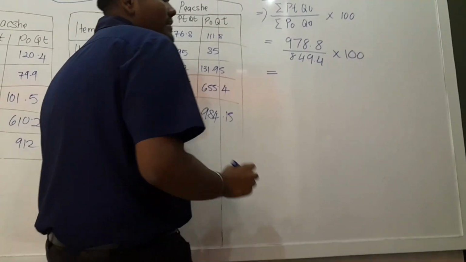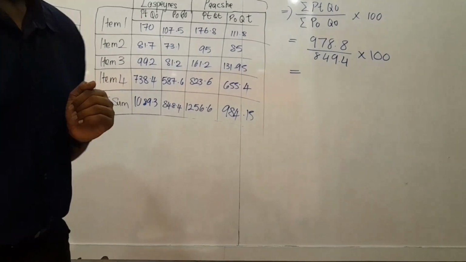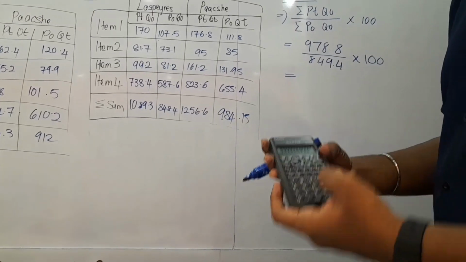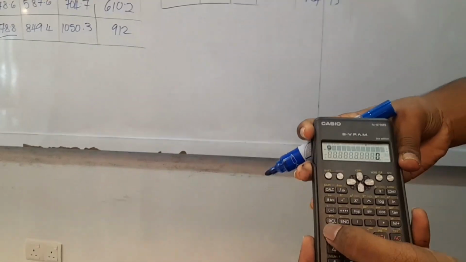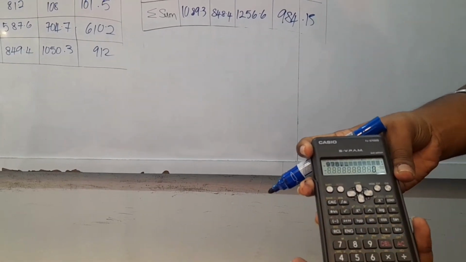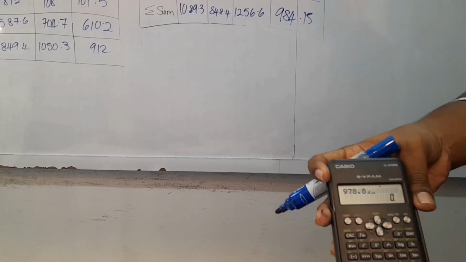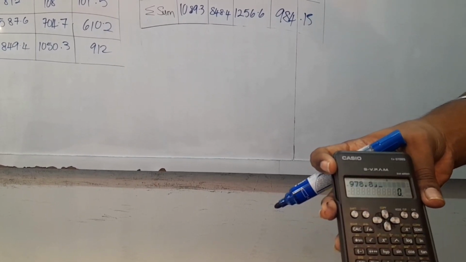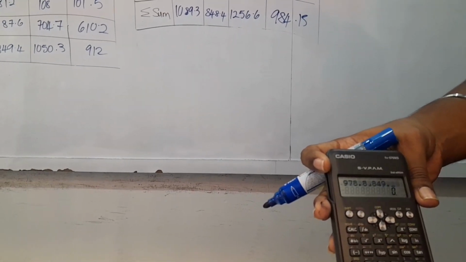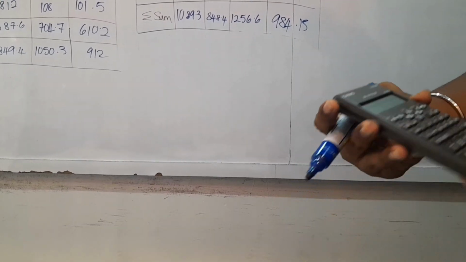As usual, don't look at this, do this first. So I'll show the calculation. 978.8 over 849.4. Okay, we got the answer.